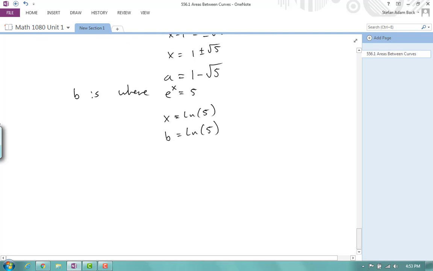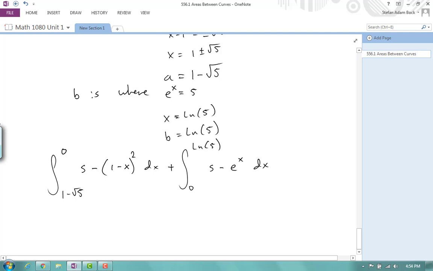So if I rewrite these integrals, I'll have the integral from a, 1 minus root 5, up to 0, of 5 minus 1 minus x quantity squared dx. Plus the other half of the region, the integral from 0 up to the natural log of 5, and there I had 5 minus e to the x dx.